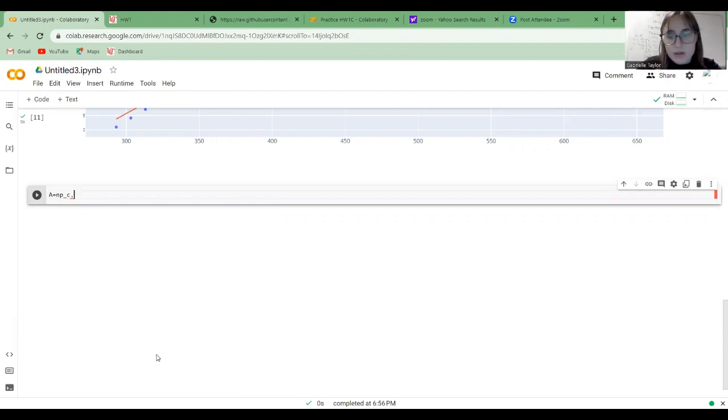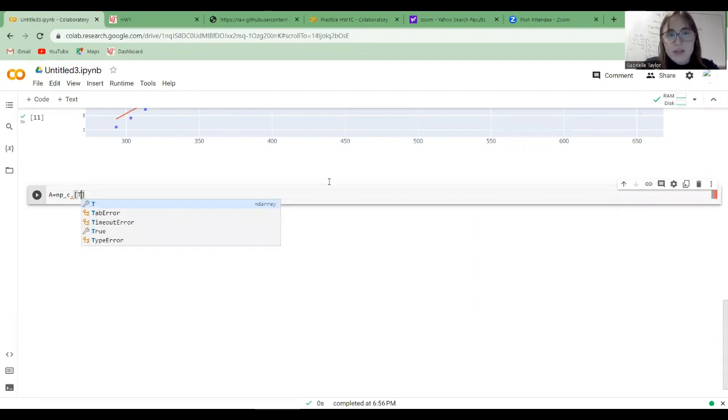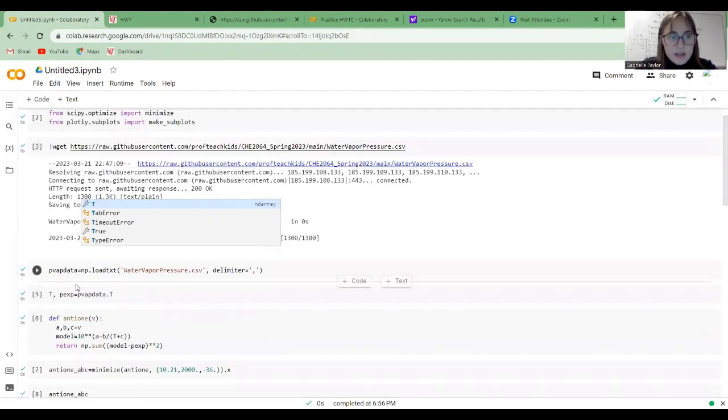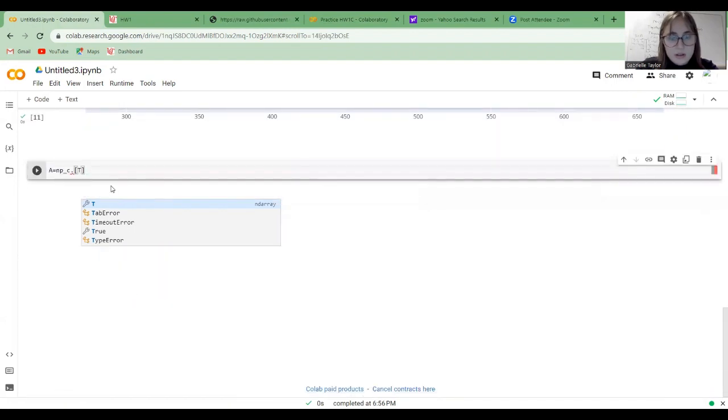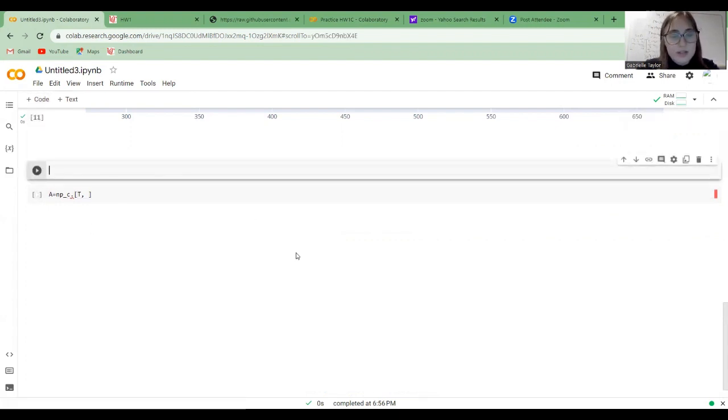So what we do is now we put our T, because we already have our T from our previous data here, like so, T. And then actually I'm going to do something to make my life a little easier.